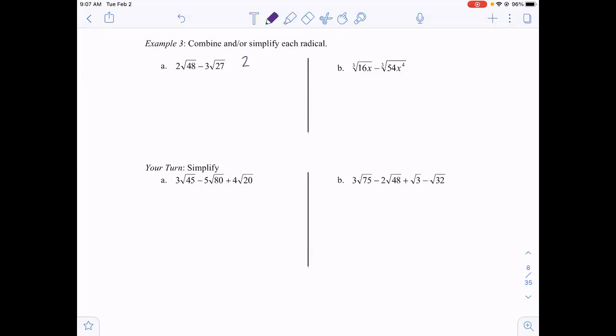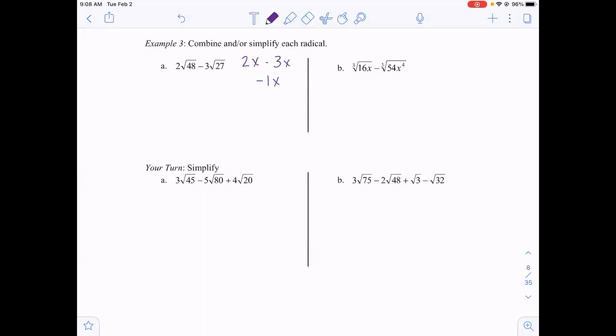If I had 2x minus 3x squared, would I be able to combine those two terms together? No, we can't. But what if it were 2x minus 3x? Could we put them together? Yeah. And what would our answer be? Negative 1x, right? Yeah. So did we do anything with the variables? No, we just sort of left the variable there. We combined the coefficients. Keep that in mind for this problem.